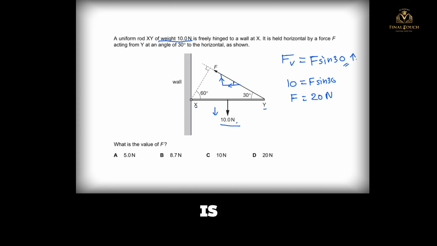However, this is where the twisted part is. Many students just do this and give the answer as D, and that is actually wrong. We could do this if this 10 Newton was over here.